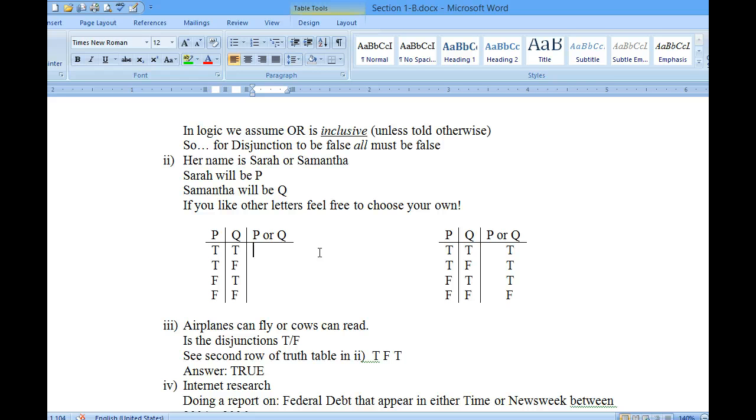Well, it can't be both because usually it's one or the other. So this is going to be true. Your statement's true. If it's Sarah and her name is Sarah, your statement is still true. You were right. Her name is Sarah or Samantha. Now, if her name is Samantha, you're still correct. It's either Sarah or Samantha. Now, if it's not Sarah and it's not Samantha, then the whole statement is false.